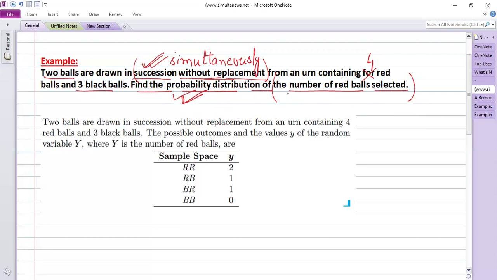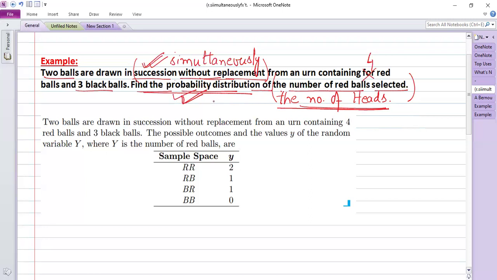In the first question, it was the probability distribution of the number of heads, and in the second question, it was the probability distribution of the number of tails. But whatever the case was, this number of heads or number of tails was our random variable, if you recall.